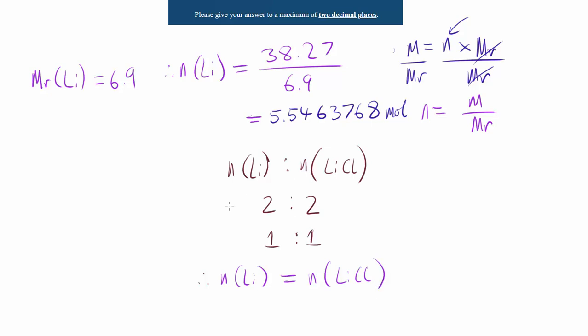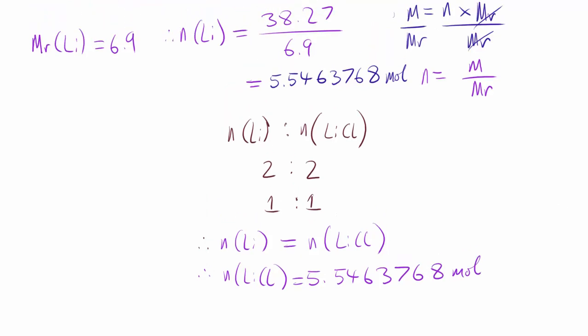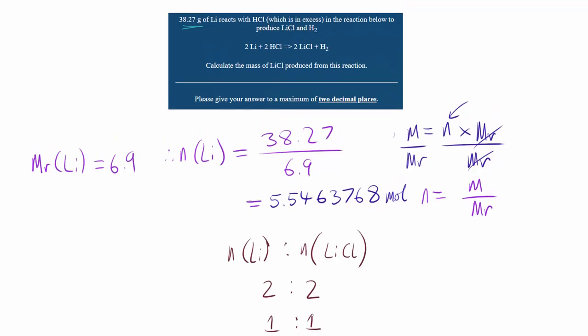This is effectively what this is telling us, and therefore the moles of LiCl is equal to this number we calculated, 5.5463768 moles.